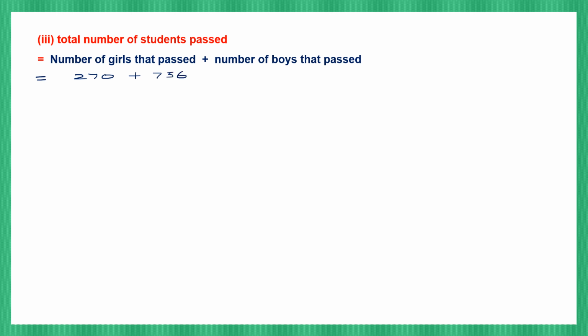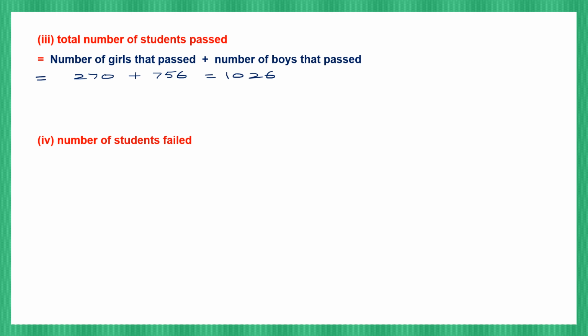So if we add these up, we'll know the total number of students that passed. So 270 plus 756. 6 plus 0 is 6, 7 plus 5 is 12, carry 1, 2 plus 1 is 3, 3 plus 7 is 10. So the number of students that passed is 1026.